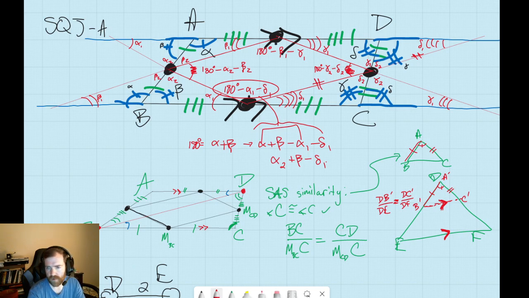Okay, so that now, since that's the case, all right, since they're parallel, now we can say that they have those, and therefore they're similar triangles. Okay, so side angle side similarity, as long as your side lengths are in ratio to each other and the angle between them is the same, then we're good.